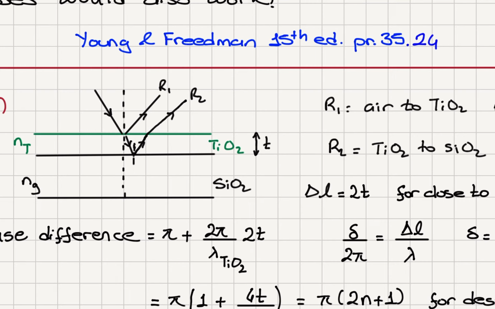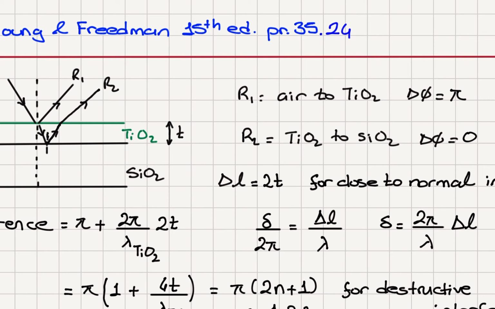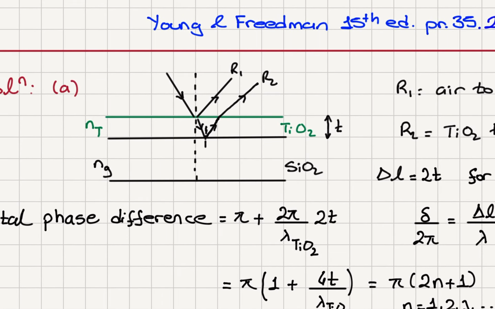Now, a phase difference of 2 pi corresponds to a path difference of 1 wavelength. So the phase equivalent of this path difference is 2 pi over lambda times delta L. So the total phase difference will be equal to pi plus 2 pi over lambda times delta L, which is 2t, twice the thickness of titanium oxide. And for this lambda, we have to be careful.